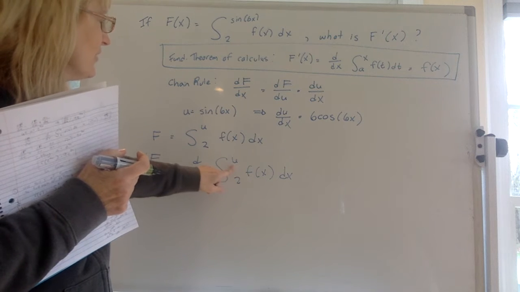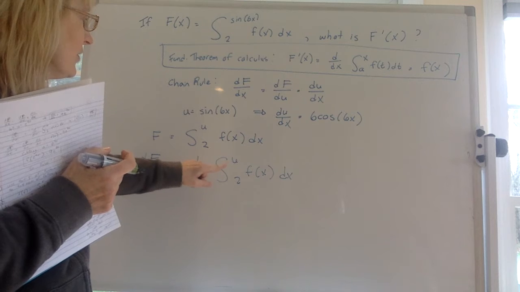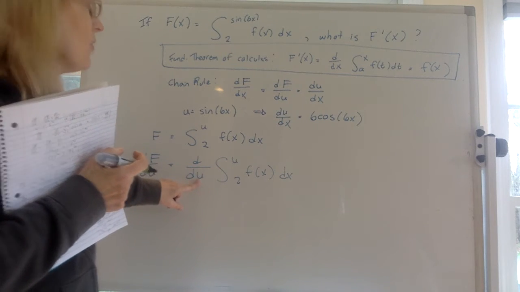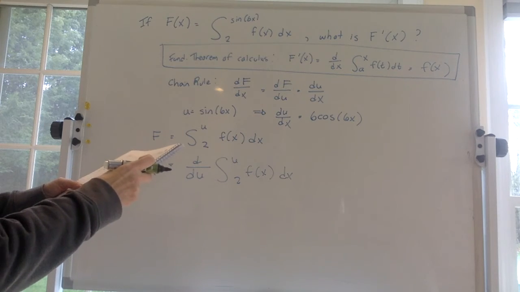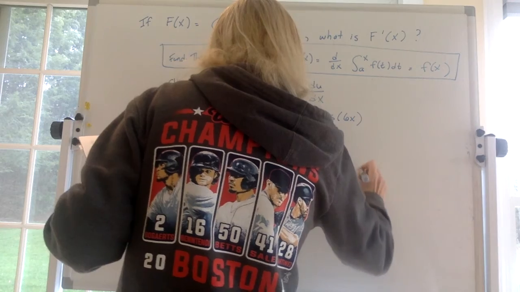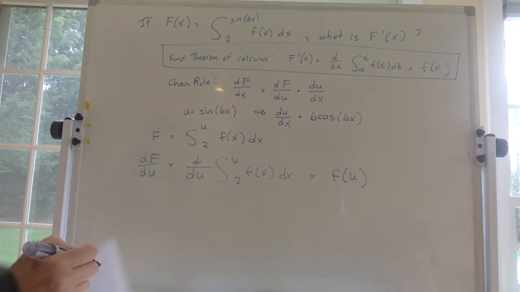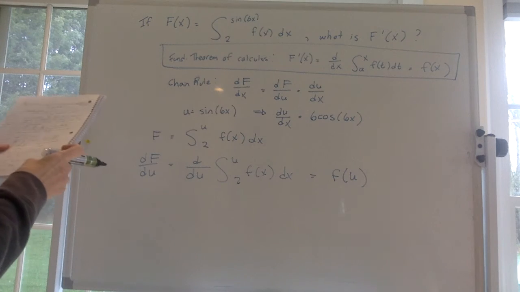I have a u as an upper limit, and I'm differentiating with respect to that. So at this point we can just use the fundamental theorem of calculus, and that's going to be equal to f of u.